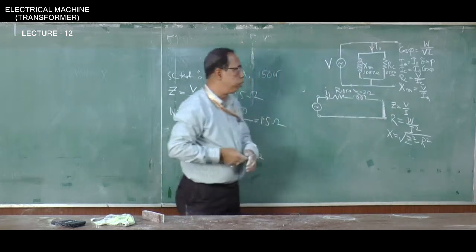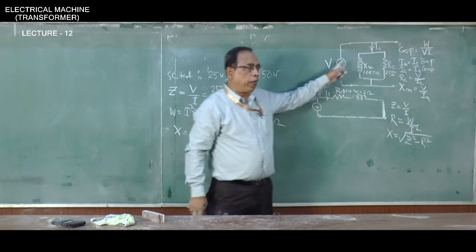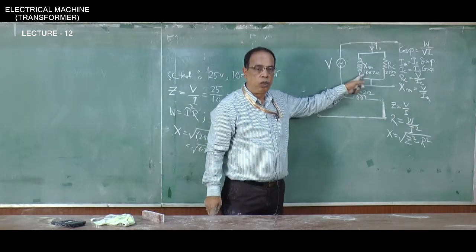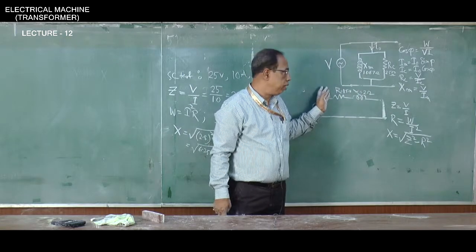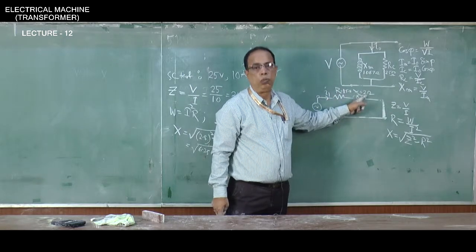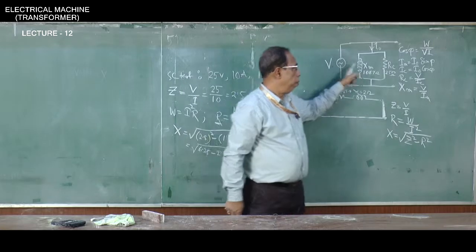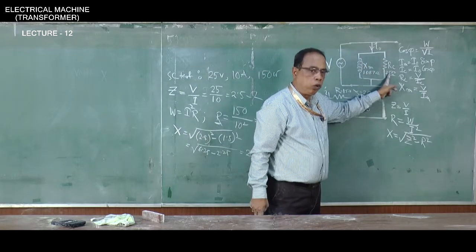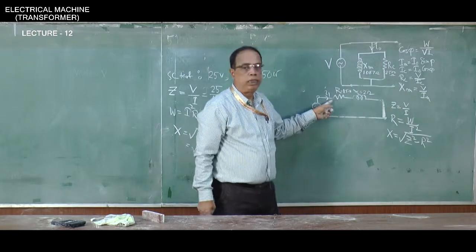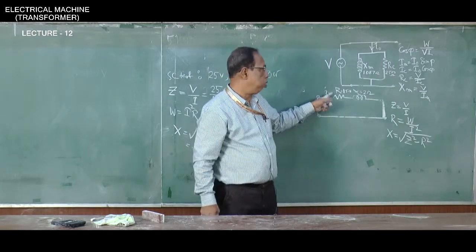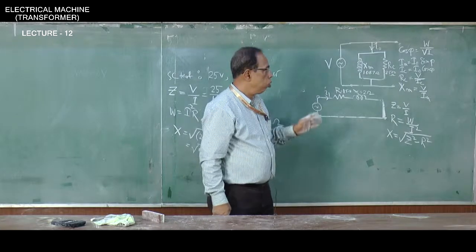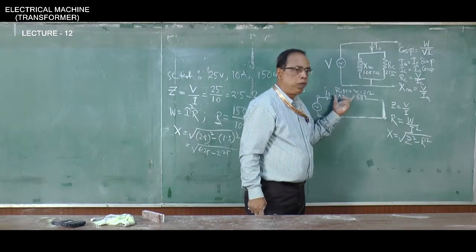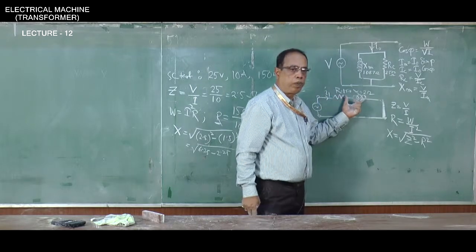Just observe the values. The magnetizing reactance is so high, 1087 ohm, whereas the series leakage reactance is only 2 ohm. The loss component of resistance is 2500 ohm, whereas the resistance of the winding is actually 1.5 ohm. So, under loaded conditions, this resistance is very small, so most of the current passes through it.